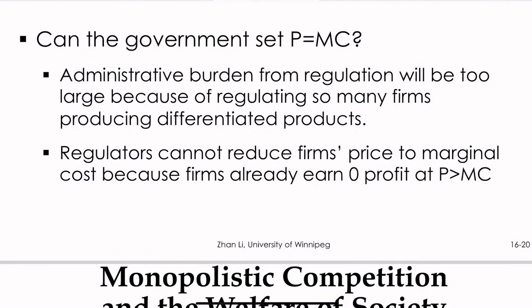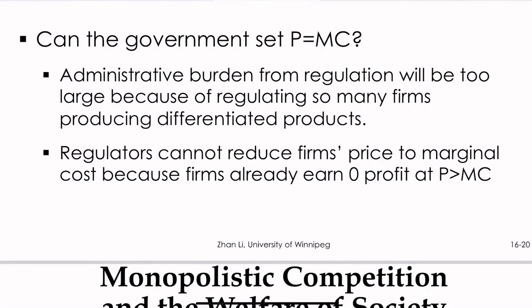And then, second, in the long run, this regulation is unrealistic. The reason is that in the long run, firms are already making zero profit. So asking firms to reduce the price to marginal cost will essentially make these firms suffer losses, and in the long run, these firms will just choose to exit. So consumers will be in a position with no products to purchase.